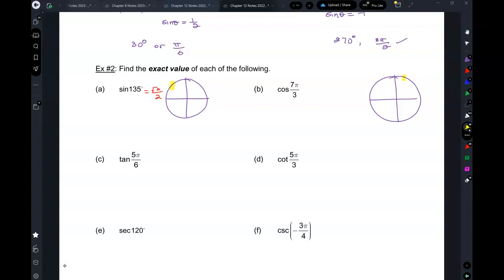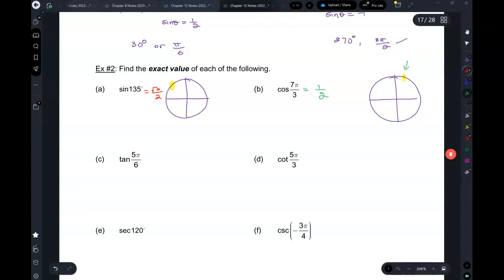So is the pi over 3 the bigger angle, or is it the smaller angle? The bigger angle for sure. So that means to get to that point, do I have to go more horizontally or vertically? Vertically. Okay, so is cosine horizontal or vertical? Horizontal. So I only have to go 1/2 to get to that point horizontally. Do you see how that works?